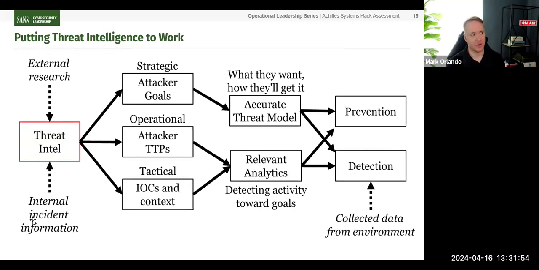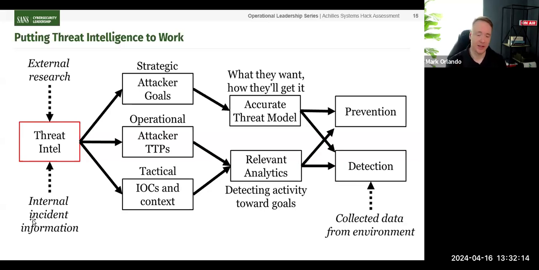It gives us a sense of, kind of high level attacker goals, high level types of threats. Operational intelligence would be more like tactics, techniques, procedures, campaigns. And we've got tactical intelligence, which would be like your IOC level intel. All of these inform our threat model, right?